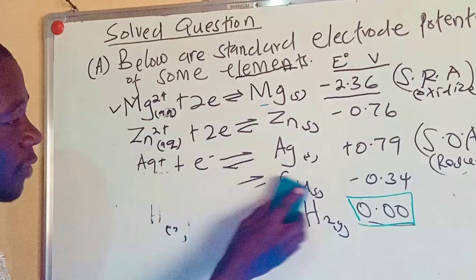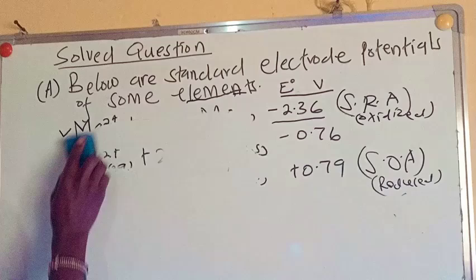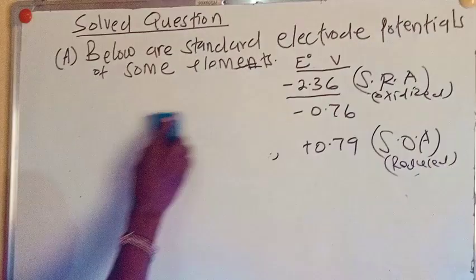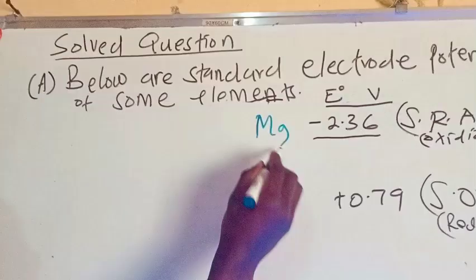How do you go about it? I just use our data here. There are these two values we are interested in: this is magnesium, this is silver, argentum.